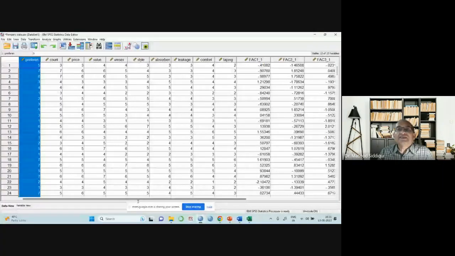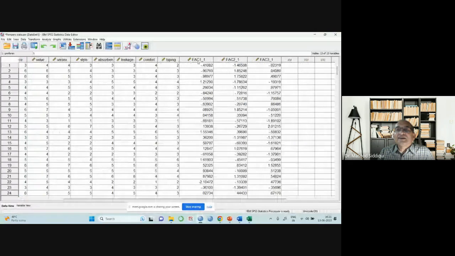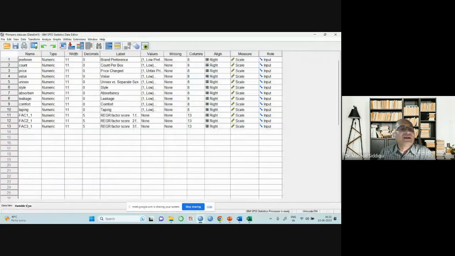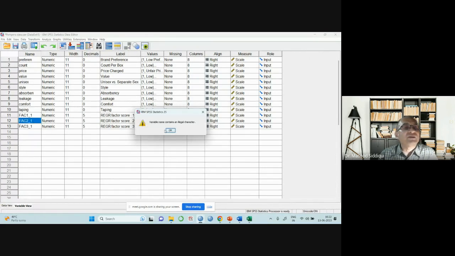Now right now the SPSS sheet is there. Now these are the factor scores that I have discussed. Now we can rename them. Like the first factor can be written as utility. The second factor, just a moment.